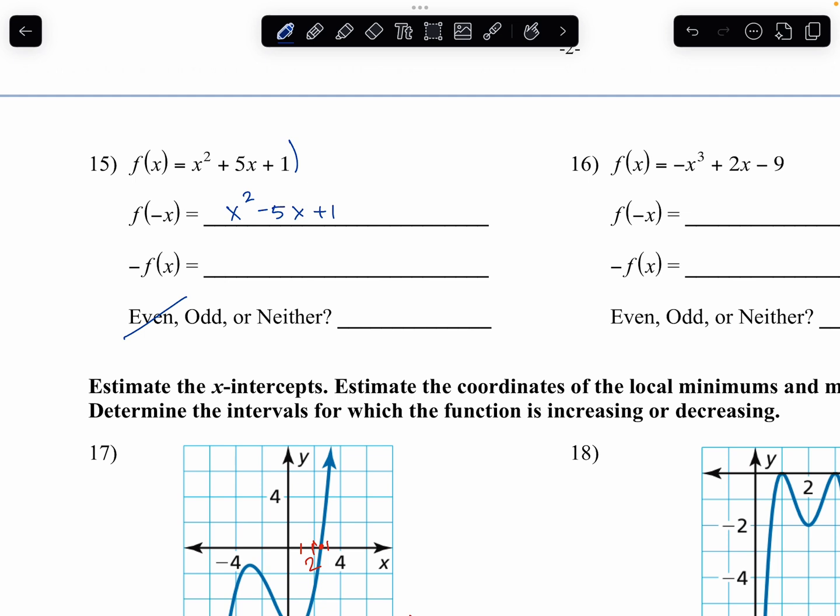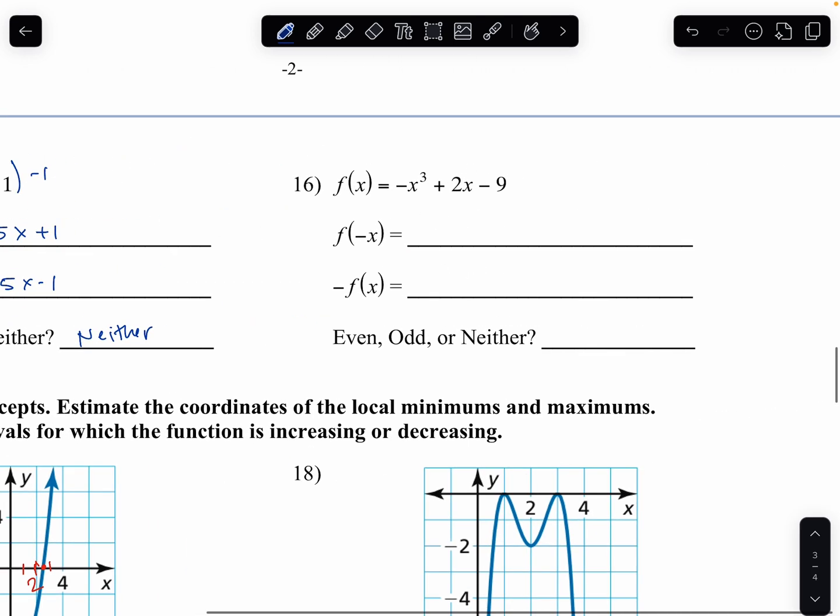And then if I multiply this by negative 1, negative f of x is going to be negative x squared minus 5x minus 1. And if I compare these two, it's also not the same. And so because these two equations are not the same, it's not odd. And so it is neither even nor odd.